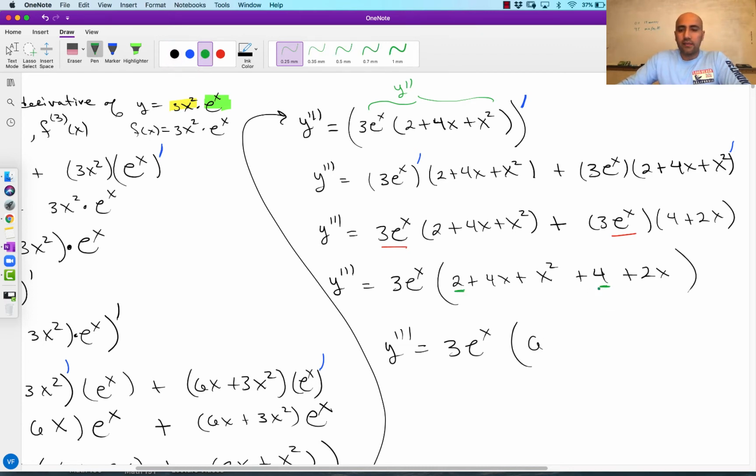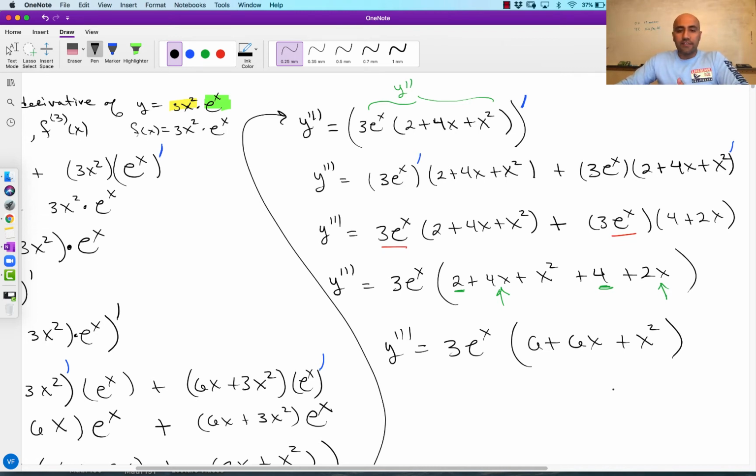This guy and this guy combine to give me 6. And now this and this combine to give me plus 6x. Plus 6x. And finally, we get a plus x squared.